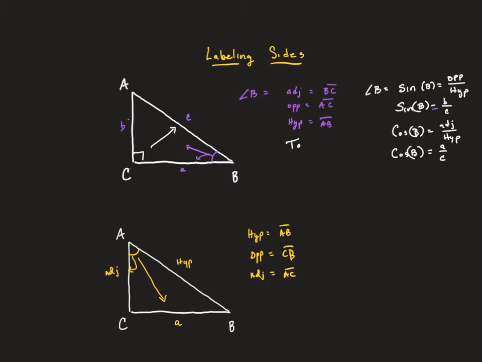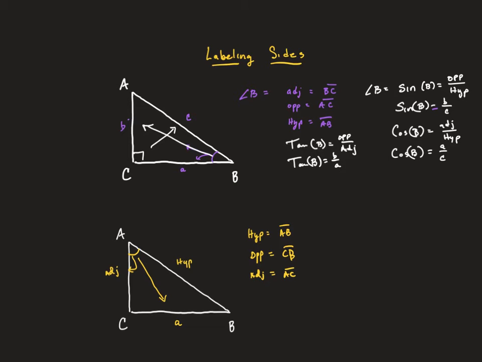And then the tangent of B is going to be the opposite over the adjacent. So again, for angle B, the opposite would be little b over the adjacent, which was little a.